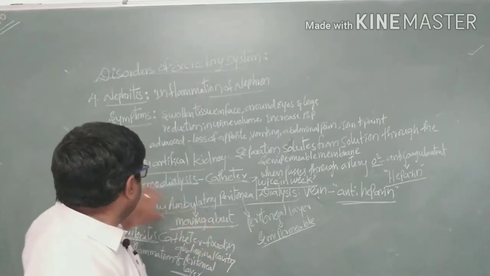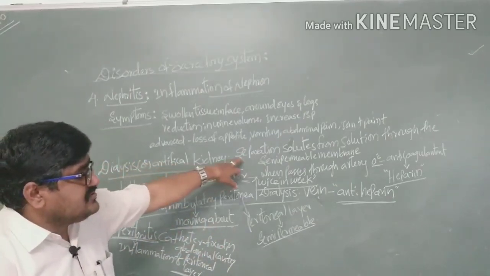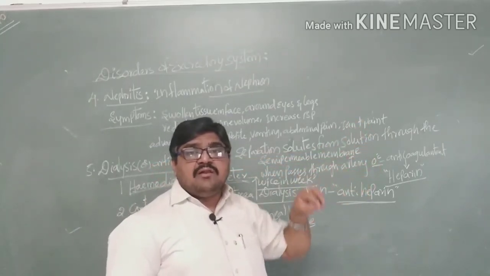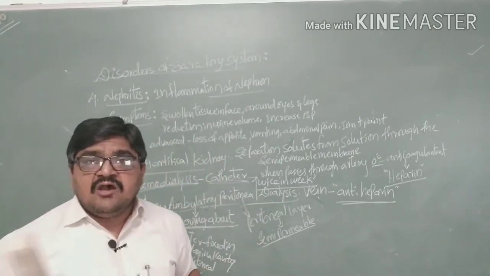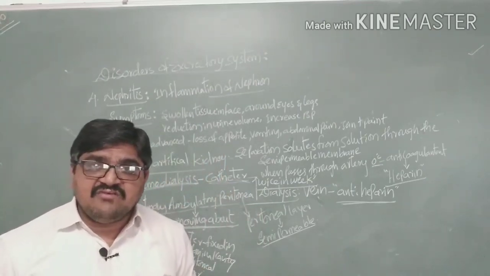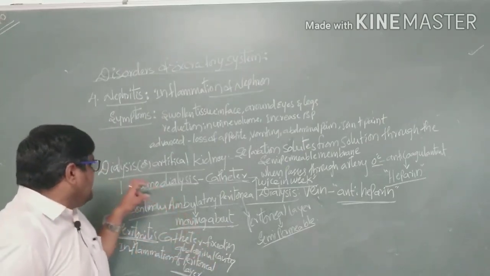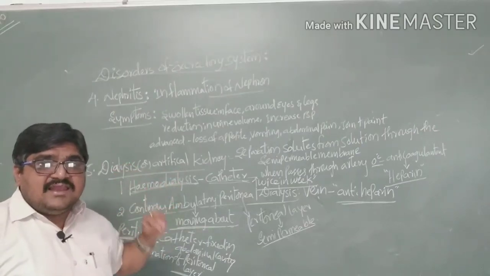This condition we call dialysis: the separation of solutes from the solution through semi-permeable membranes. Through a semi-permeable membrane we separate the excretory waste materials from our body. This process is called dialysis, or otherwise artificial kidneys.